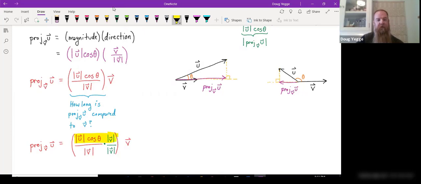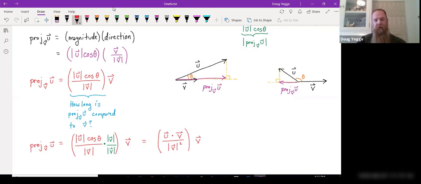Earlier on in this lesson, we learned that this here is another form for the dot product of U and V. I could rewrite magnitude of U cosine theta times magnitude of V as just U dot V. So that means that there's another formula that we could use, which is going to be U dot V divided by the magnitude of V squared times vector V.